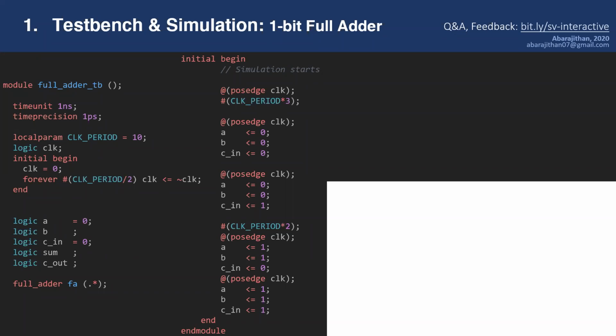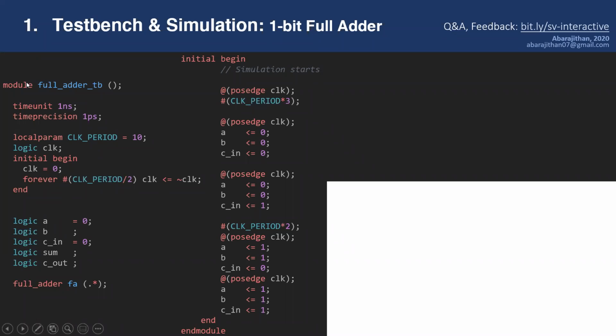Yes, you can. Is FA a keyword? FA is not a keyword. FA is the name of the module we are making. Full adder is the type. We have created a circuit, and now you can create multiple circuits with the same module instantiation. That means you have the full adder module you have written before.